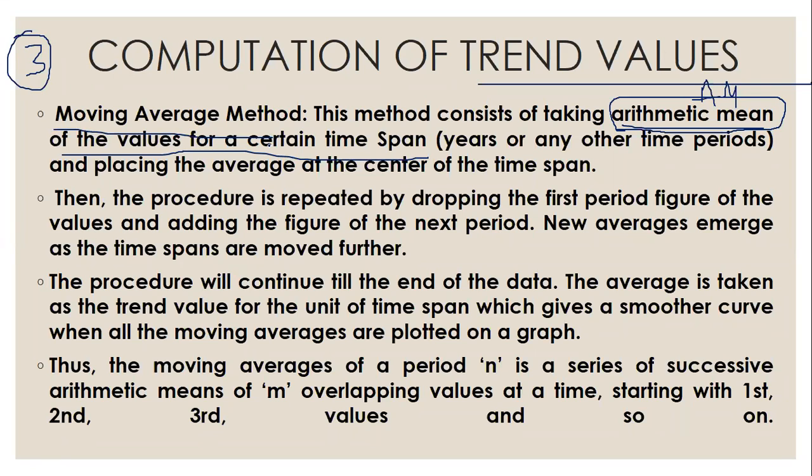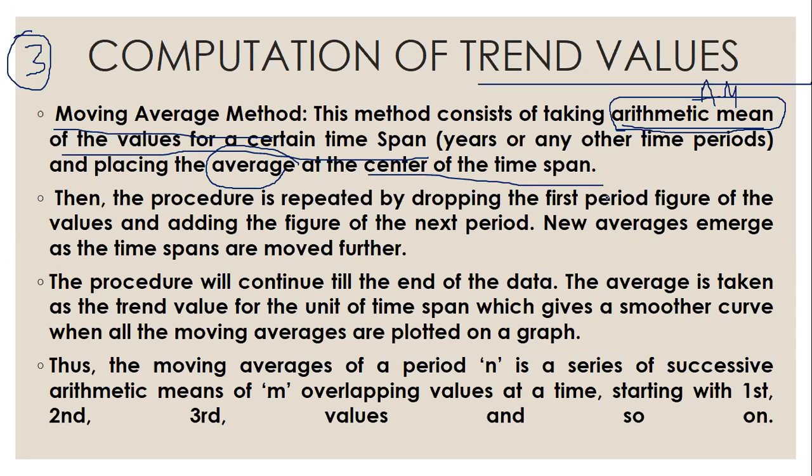We move on with the 3 years average, or 5 years average, or 4 years average, and we will be able to find the arithmetic mean of it. And then placing the average at the center of the time span. Whatever arithmetic average that we get can be placed at the center of the time span.